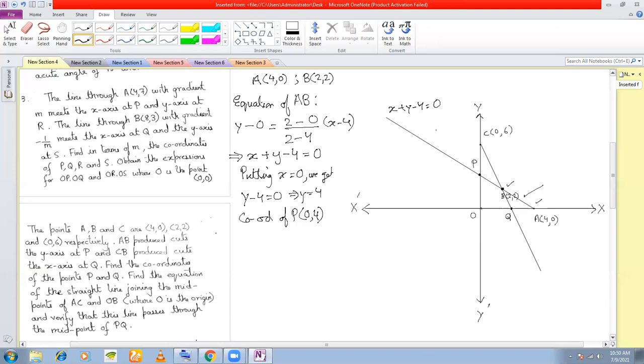Next, we shall try to find out the coordinates of Q. In order to find out the coordinates of Q, you see this line here. CB is the line. This straight line, you find out the equation of this line.